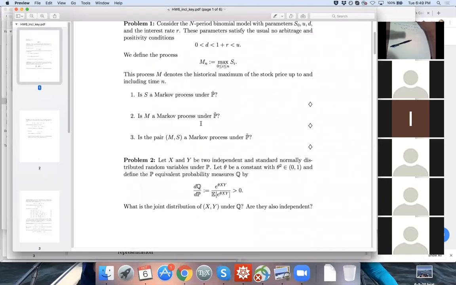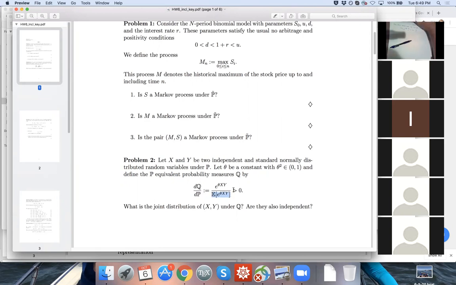There's a problem here on the next homework, problem number 2. Here you have x and y, two independent random variables, and you're interested in changing the measure. Here's a random negative derivative, and there's an expectation down here that involves the product of x and y. So it would be nice to know, when is this expectation downstairs actually finite?